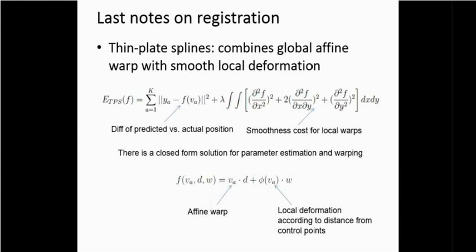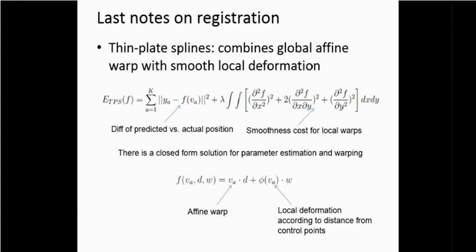You're trying to, it's couched as trying to minimize the difference between your corresponding points, so the predicted versus actual, and also trying to minimize some regularization term on your warping.